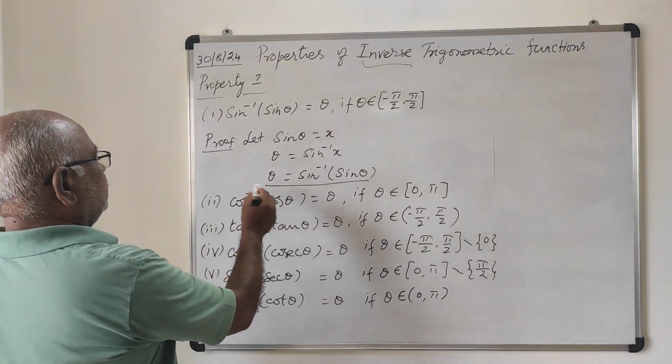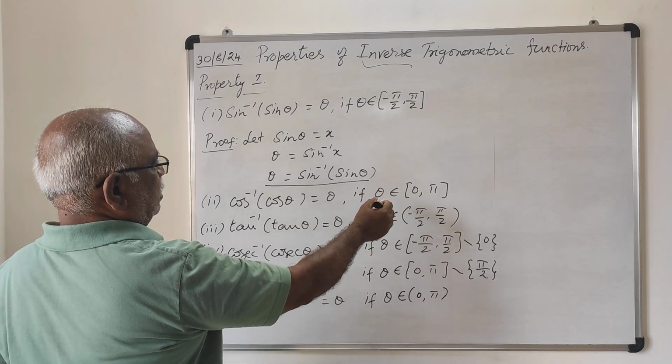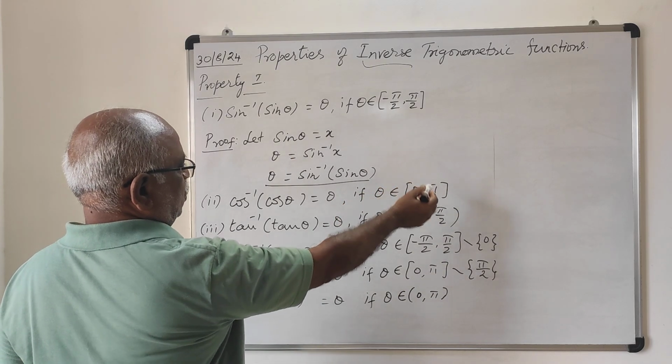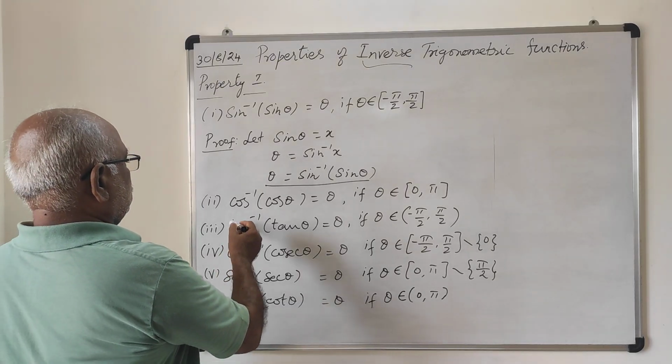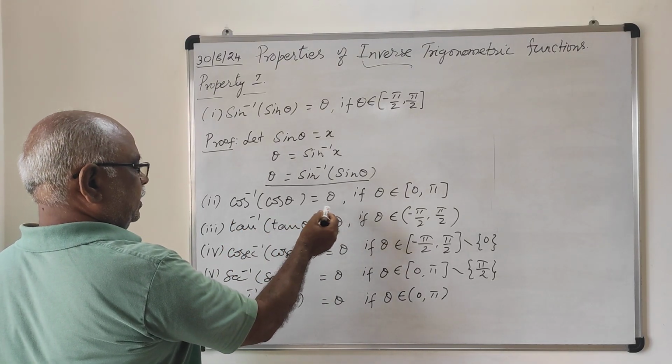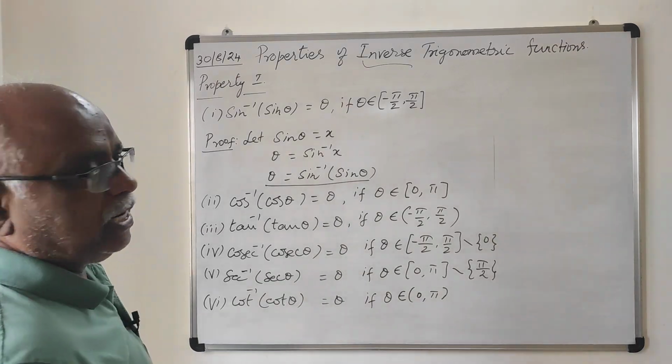Similarly, second one, cos inverse of cos theta equal to theta, if theta belongs to the closed interval 0 to pi. Similarly, tan inverse of tan theta equal to theta, if theta belongs to the open interval minus pi by 2 to pi by 2.